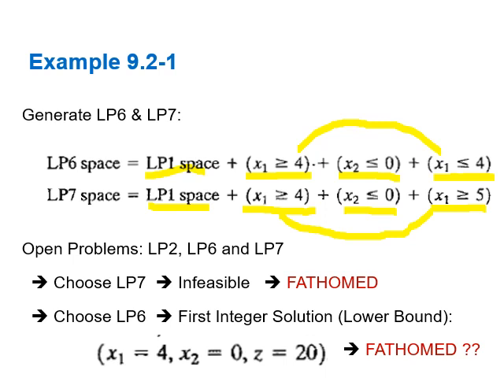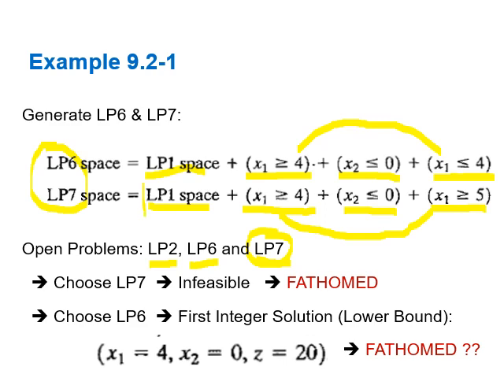Now when we have this LP6 and LP7, remember initially we already had LP2 which we didn't fathom yet. So LP2, LP6 and LP7 are the open problems. Then we need to continue with these ones. Let's select LP7 as the next one and try to solve it.